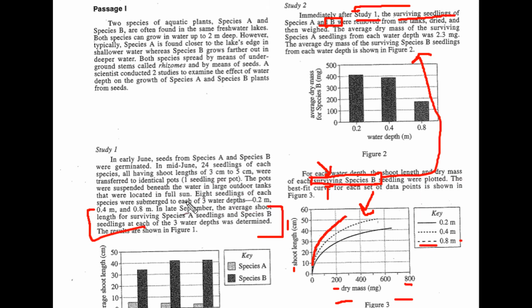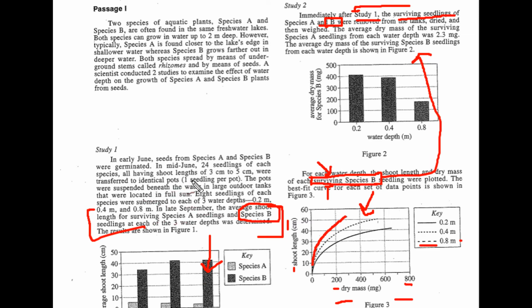8 seedlings of each species were submerged in these lengths. Late September, the average shoot length for surviving A seedlings, and there it is, seedlings B, at the 3 water depths was determined. Okay? Never says how many survived. It says that we plotted 8 each.